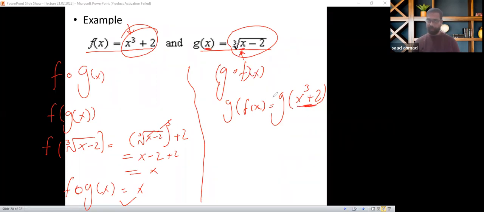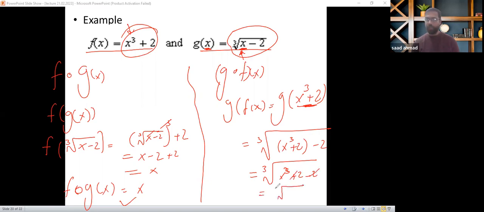Now the input is x cubed plus 2, so it should be x cubed plus 2 here. We replace the x by x cubed plus 2, so you see x cubed plus 2 minus 2, which cancels out, and then the cube root of x cubed is x. So yes, in both scenarios we get that. So these two are inverse functions.